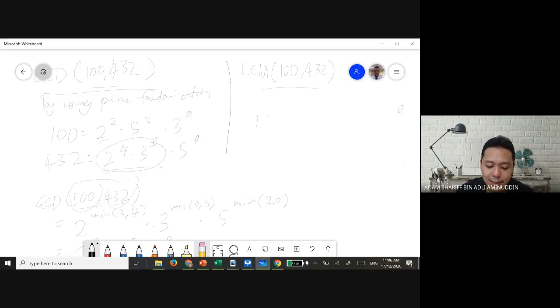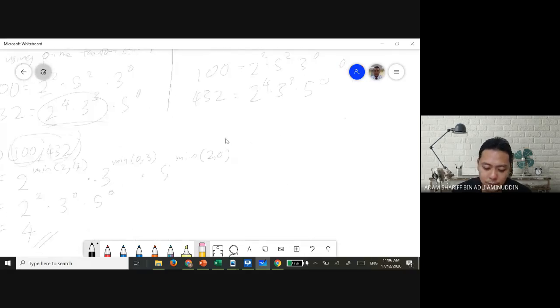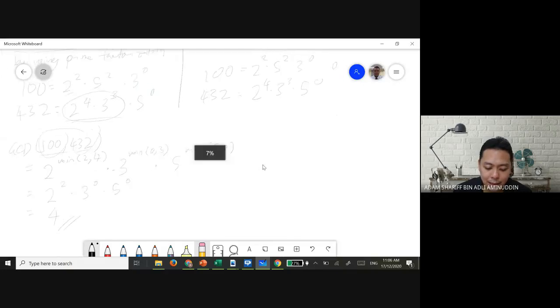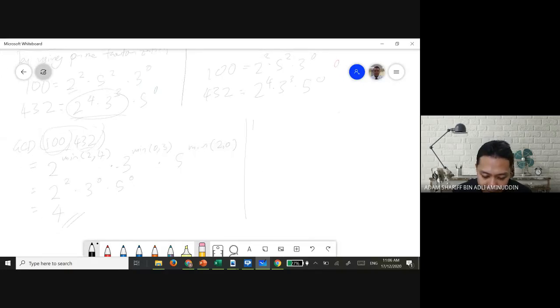So with the same prime factorization, the difference is right now, if you want to find the LCM between 100 and 432, it is just different in terms of maximum.